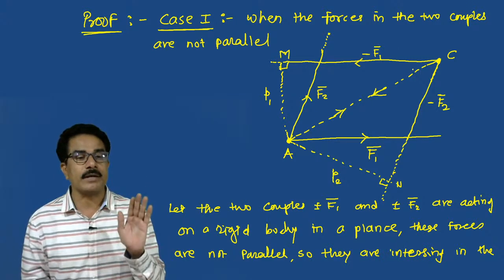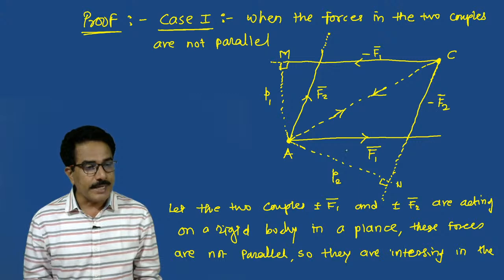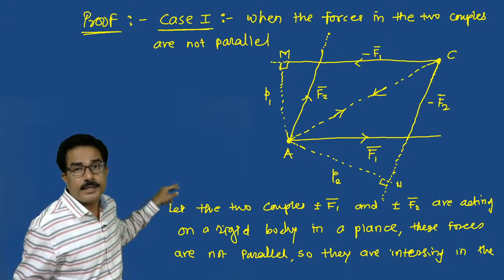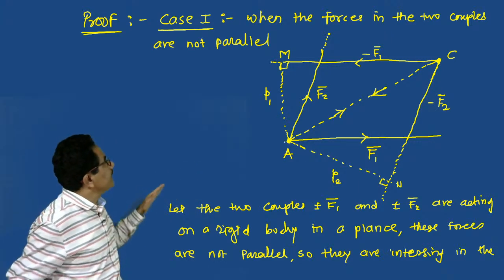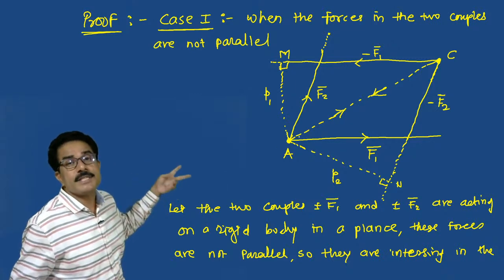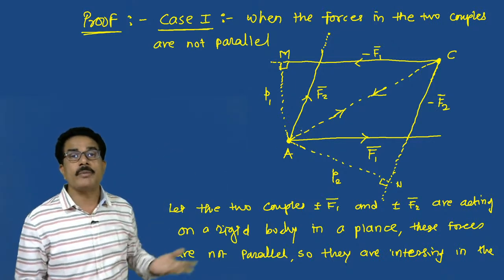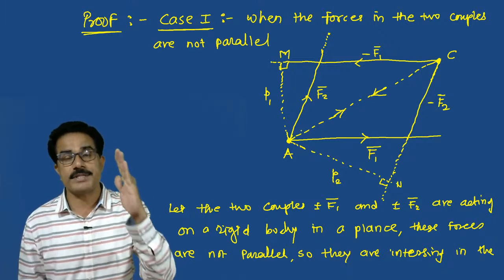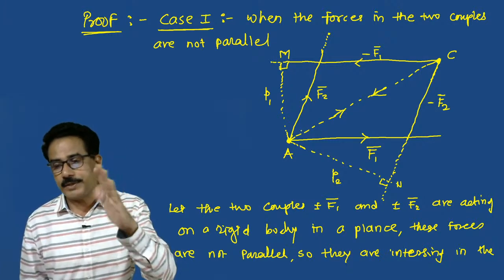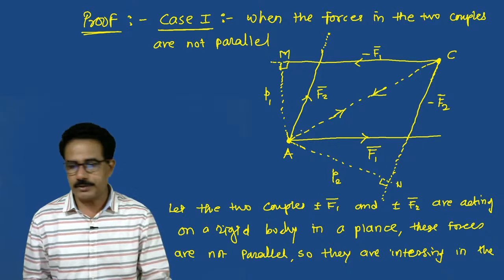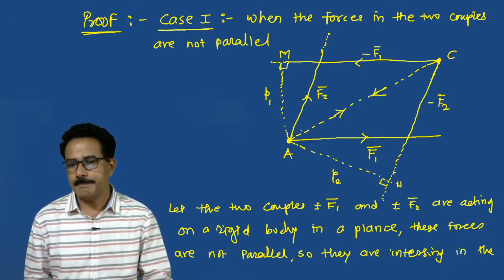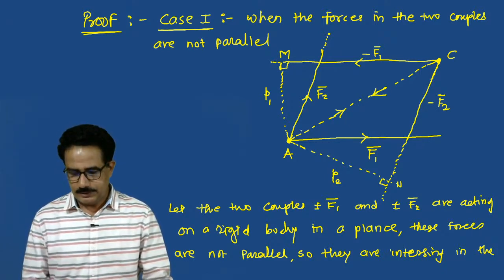According to the parallelogram law, you tell me the resultant of F1 bar and F2 bar is along which direction, which represents which vector. See this. Students who are online, tell me. Write down here.